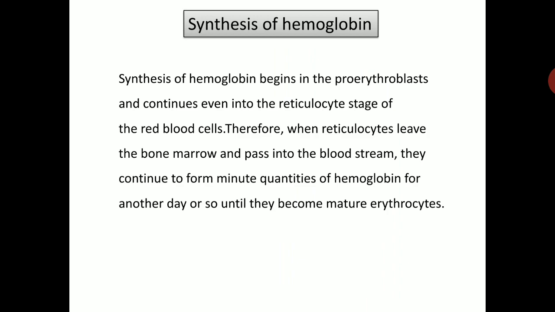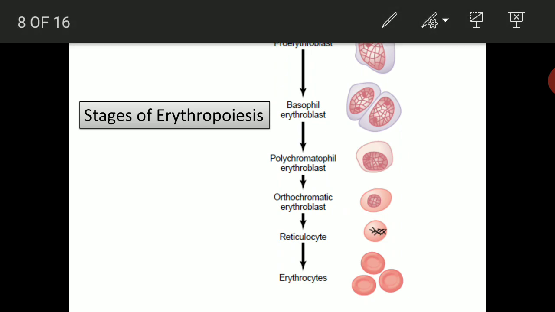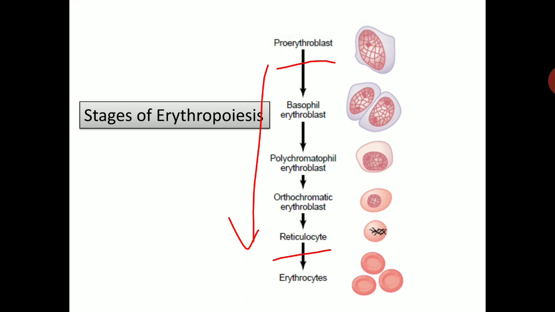Therefore, when reticulocytes leave the bone marrow and pass into the bloodstream, they continue to form a minute quantity of hemoglobin for another day or so until they become mature erythrocytes. So some reticulocytes are also going into the blood, and in 1 or 2 days they will transform into RBCs. So from the proerythroblast stage to the reticulocyte stage, hemoglobin formation is occurring. Okay, this is the important concept.